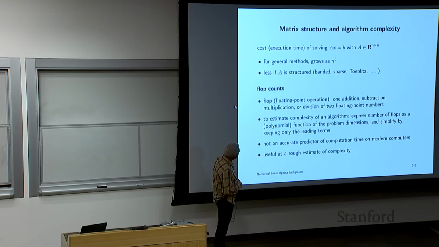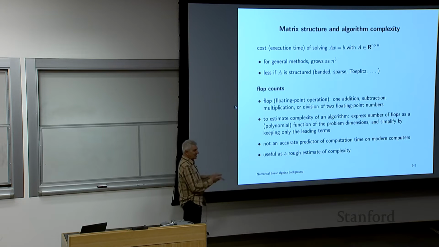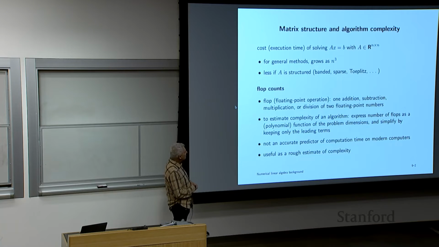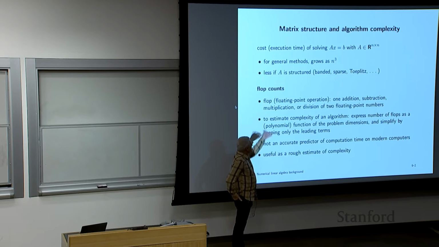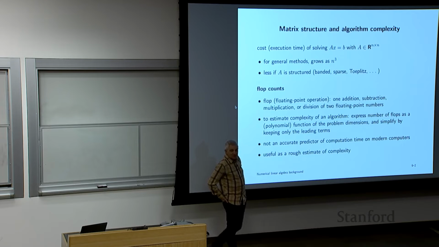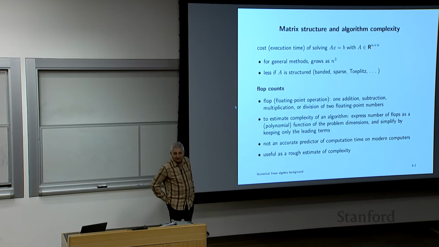So here's what you do: you look at an algorithm that does stuff, and you count the number of flops, typically polynomial. There might be a log in there, which you just change to a constant, because that's what it really is in practice. So you express it as a polynomial function of the problem dimension, and you simplify, only keeping the leading terms, because this is very crude.